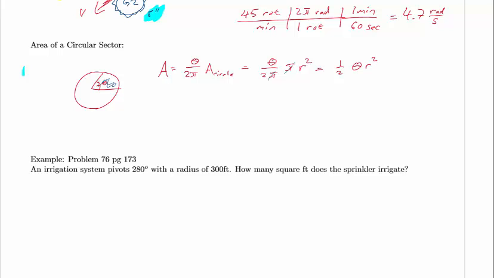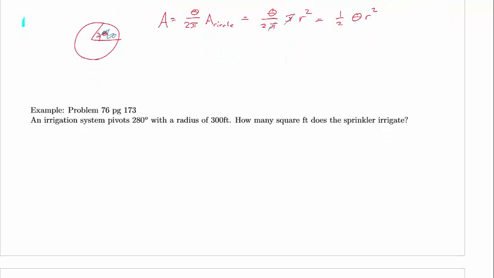An irrigation system pivots 280 degrees with a radius of 300 feet. How many square feet does the sprinkler irrigate? And again, you can find this problem on page 173 in your book. So 280 degrees, that's quite a bit of the area of the circle.